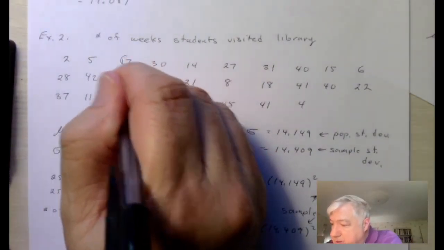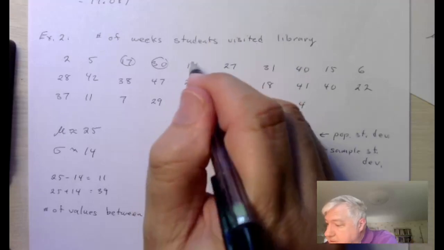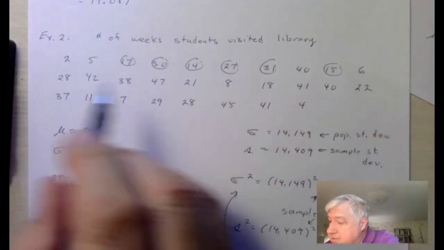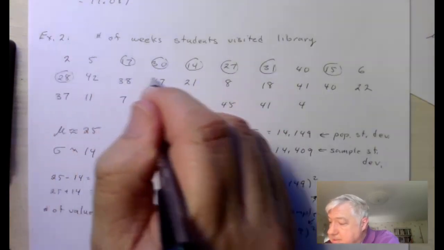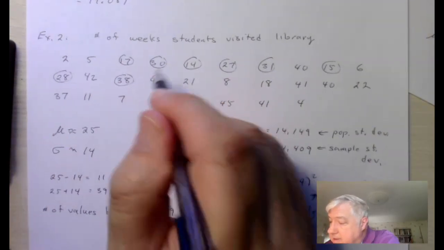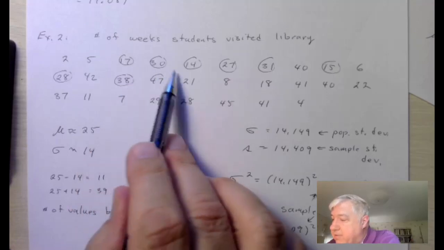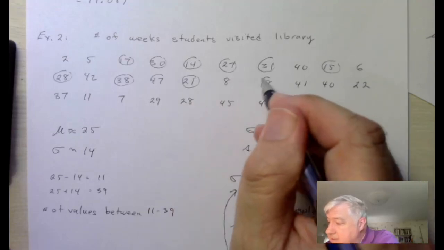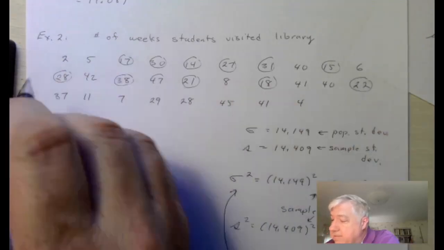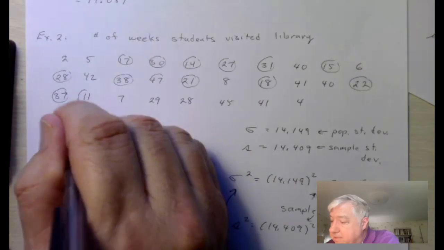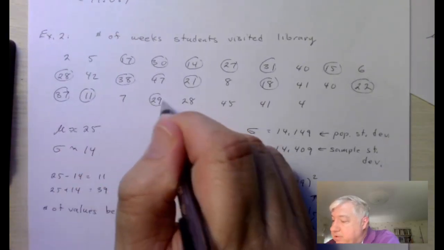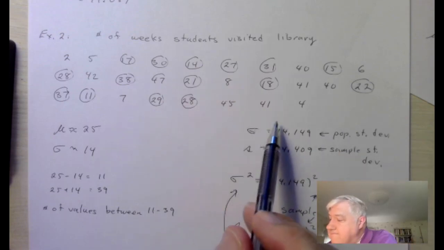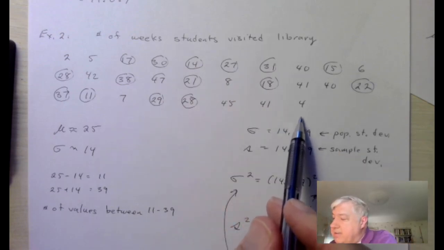All right, so here's 1, 2, 3, 4, 5, 6, 7, 8, 1, 2, 3, 4, 5, 6, 7, 8, 9, 10, 11, 12, 13, 14, and 15, and that's it, right?